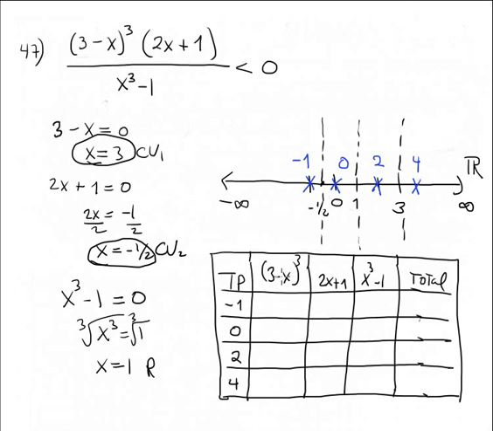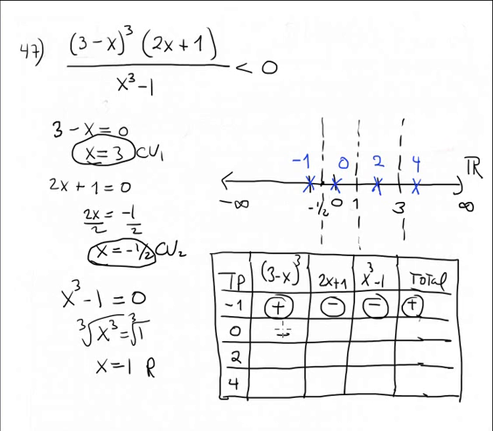Okay, negative 1 here, negative 1 is double minus, that's positive. Negative 1 here is negative. Negative 1 here, cubed is negative 1, negative 2 is negative. And double negative is plus.